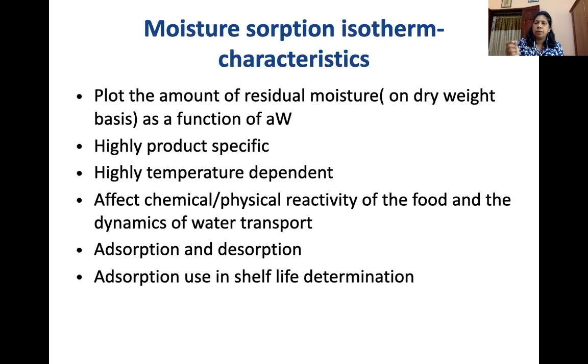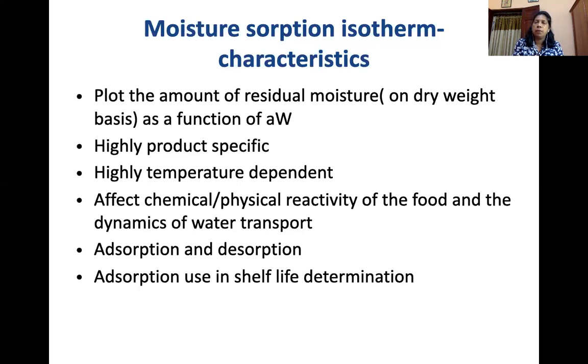Therefore, when we consider the shelf life of the product, we have to consider the adsorption isotherm, not only the desorption isotherm. So if I ask you why we consider the adsorption isotherm MSI compared to the desorption in shelf life determination, you will be able to answer that question.